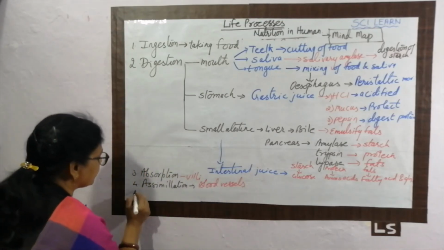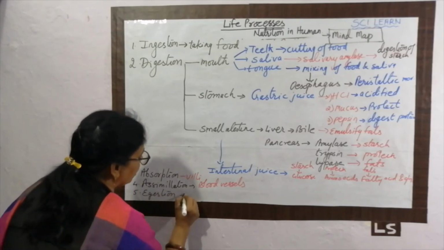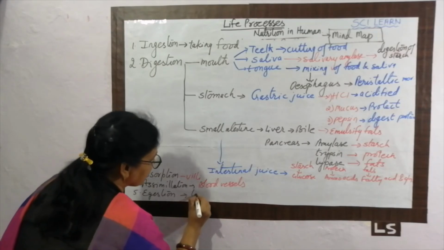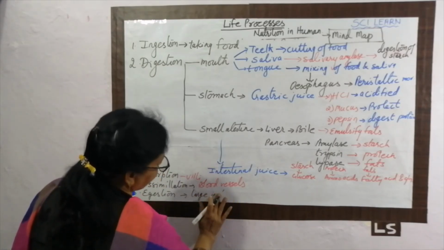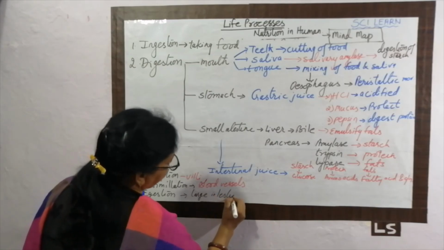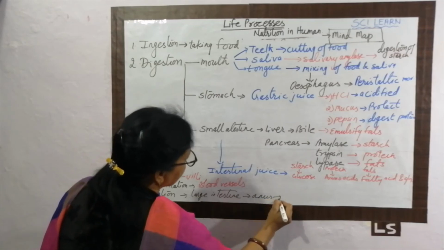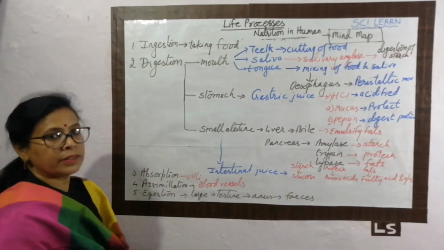And last is egestion. It is performed by the anus. Before the anus, the large intestine, and the last part of the large intestine is the anus, which releases it in the form of feces by the movement called anal excretion.